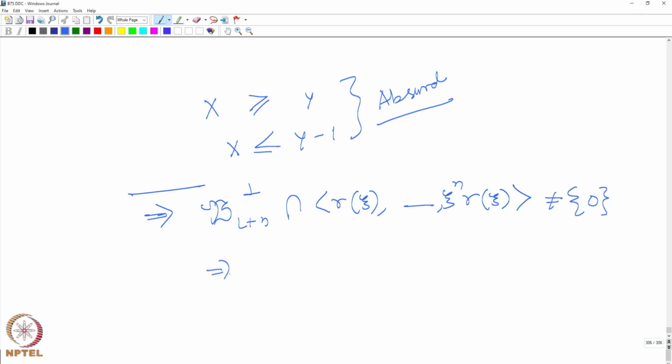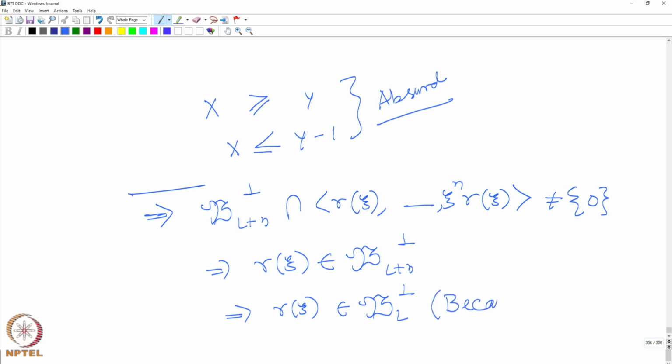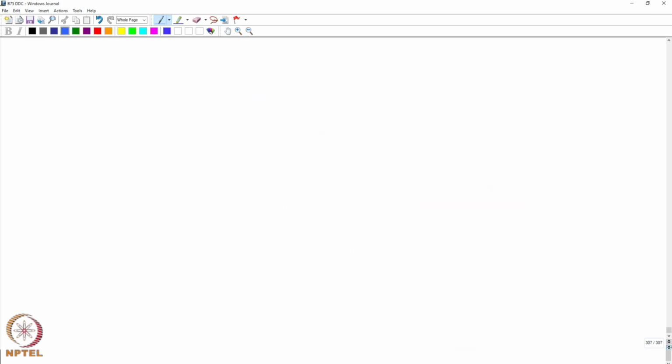So that means there exists some R\xi polynomial which is in B_{L+n}^\perp, but this implies, under controllability, that R\xi actually belongs to B_L^\perp. Look back in our last lecture, because of controllability we have this, but that's a contradiction to what we had assumed.